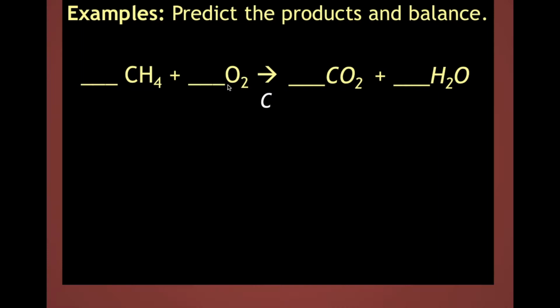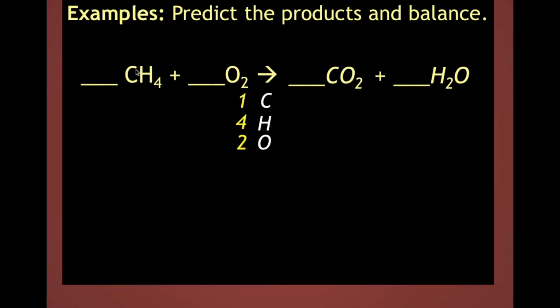You can't put a decimal and leave it as your answer. If you find yourself needing to put a decimal, then you need to multiply it by a number that would cause it to be a whole number. You can't give me an answer as a decimal, but you can maybe use a decimal to figure out the ratios of them, and then you'll just need to multiply it so that you can answer with a whole number. So we're going to go ahead and do the tally method for the balancing today.